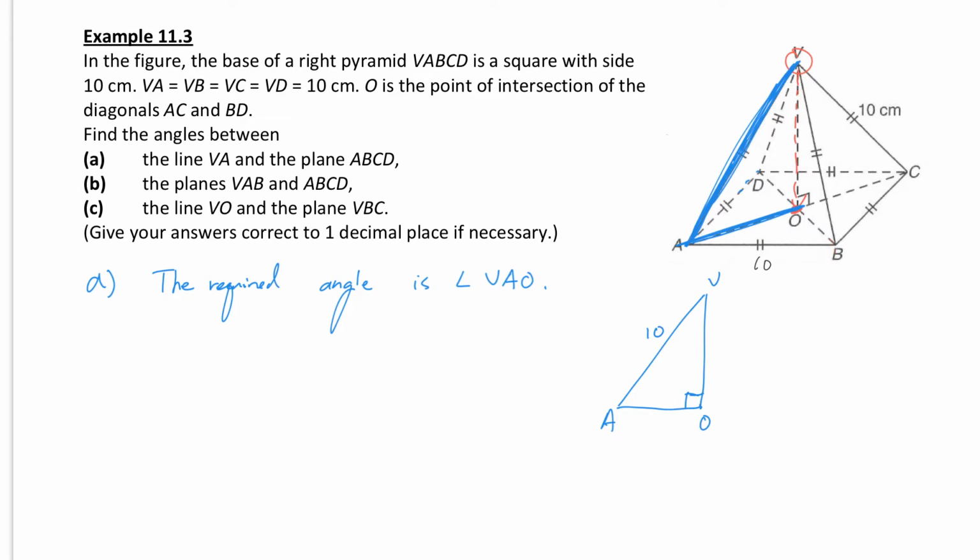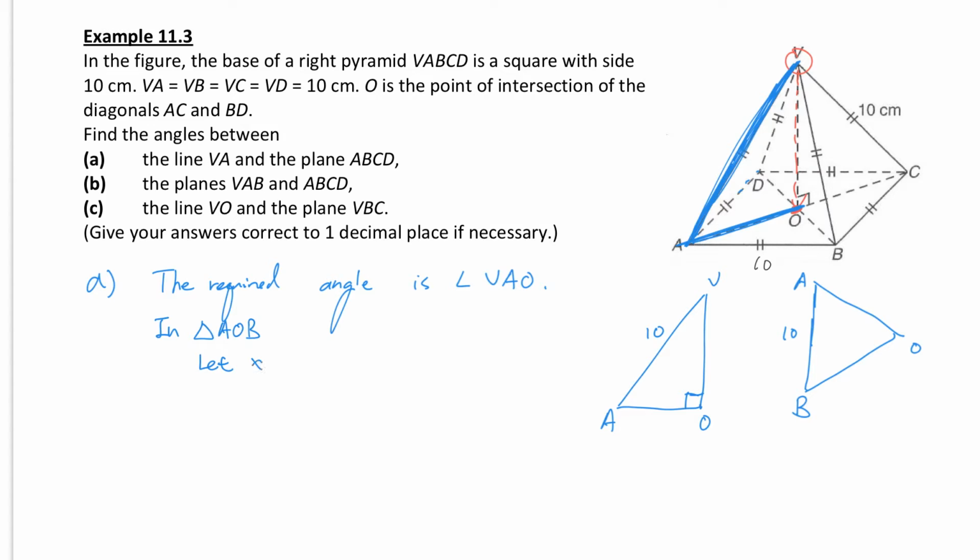So I want to consider triangle AOB. I know AB is equal to 10, and OA, because this is the diagonal of the square. And I know AO is equal to OC, BO is also equal to OD. Then in triangle AOB, I can find AO.